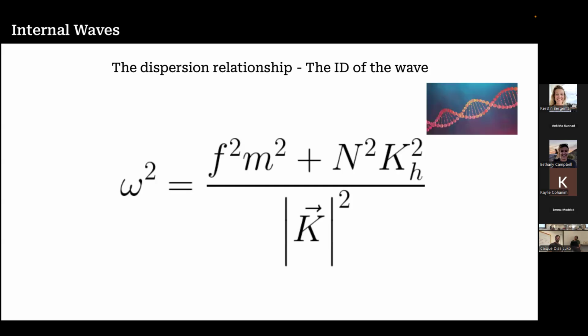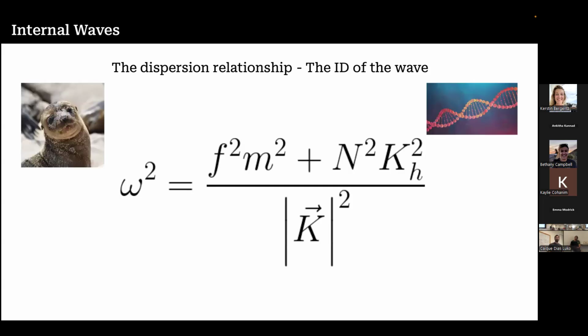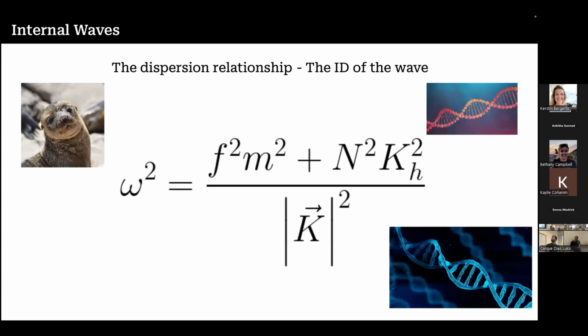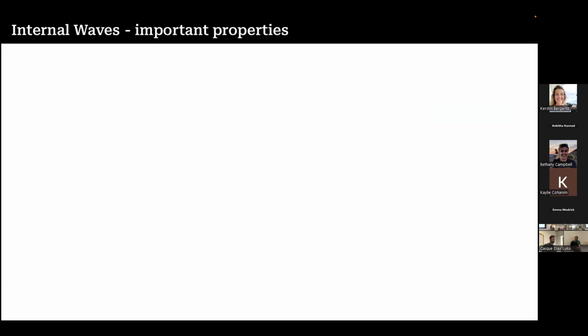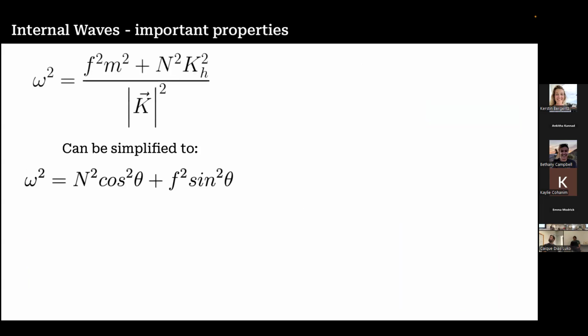It's like finding a tiny piece of eDNA that can only be a particular species; for us, it's going to be a near-inertial wave. And if you measure other parameters, there's eDNA that looks like the other one, but is actually a nudibranch, or an internal tide. That's how I like to think about the dispersion relationship. And then there are a bunch of other properties that you can get from the dispersion relationship.